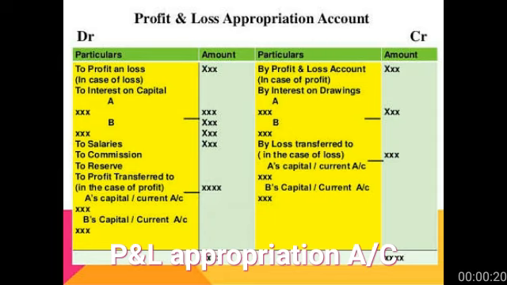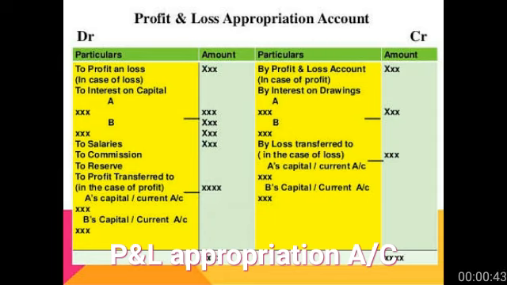Now next one is loss transferred. Remember, I have already discussed, if we do the total of this account, if debit side total is more, credit side total is less, so on credit side, this will be considered as a loss, and loss will be distributed among the partners in their profit sharing ratio.